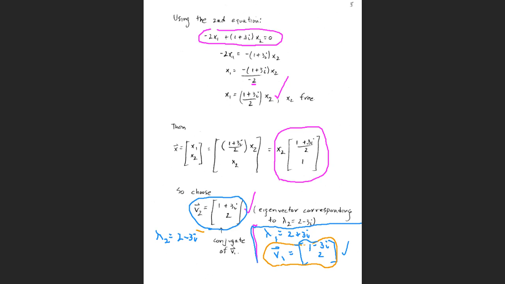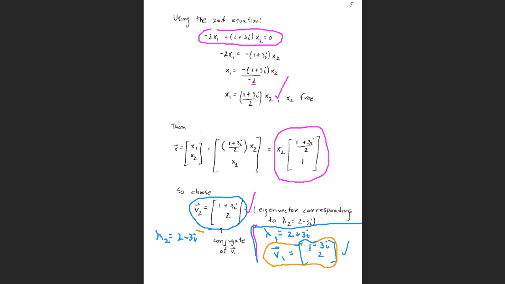So that's another beautiful thing. With complex eigenvalues, once you determine one of the eigenvectors, you know what the other eigenvector is for the conjugate eigenvalue. We didn't even have to do this second part.